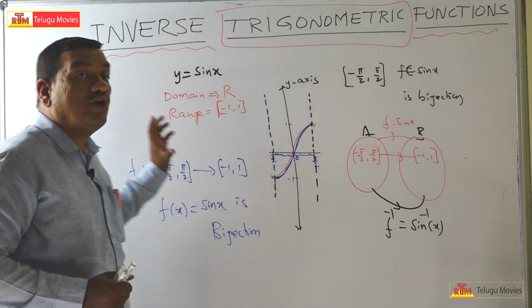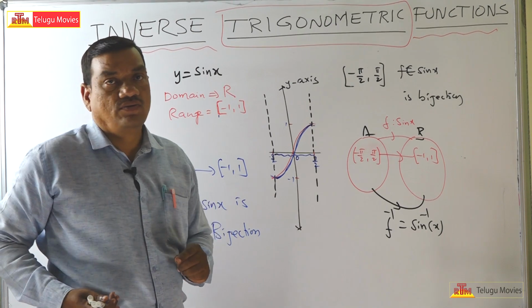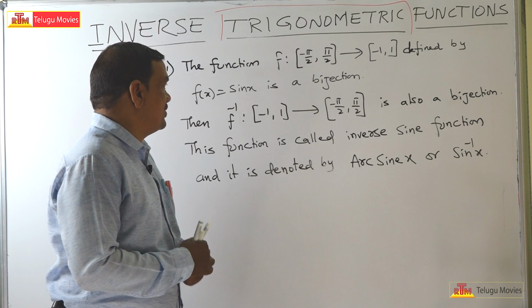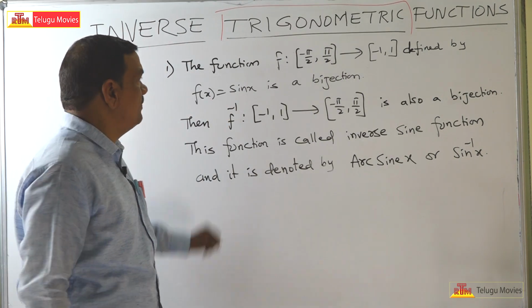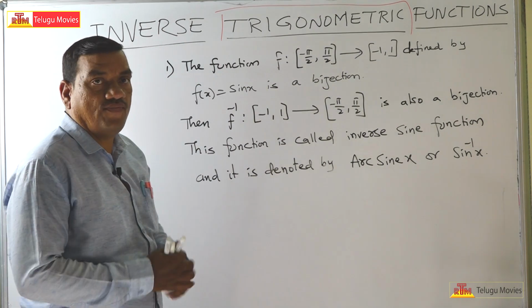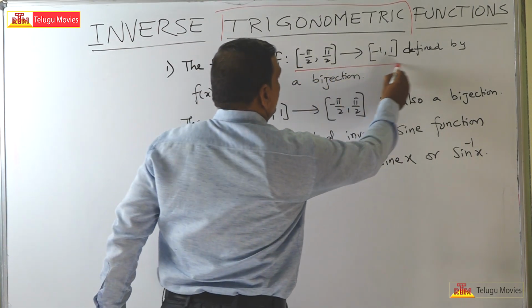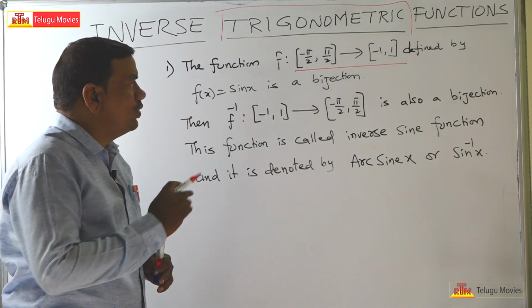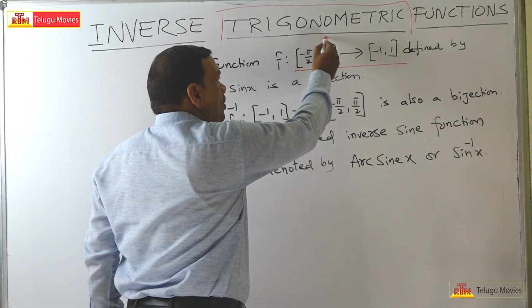Now I am going to write the clear-cut definition of the inverse sine function. See here, the function f from minus pi by 2 comma pi by 2 to minus 1 to 1. See here, I have restricted the domain.